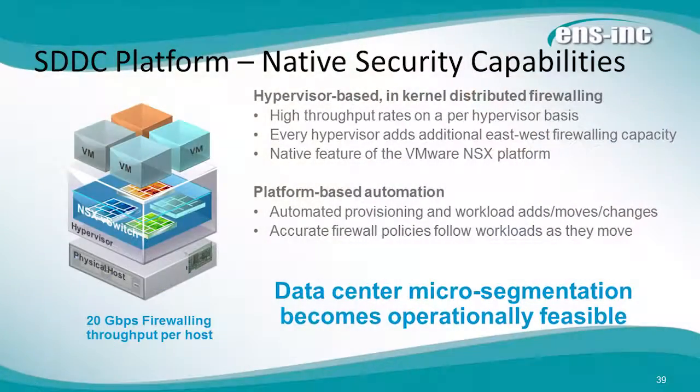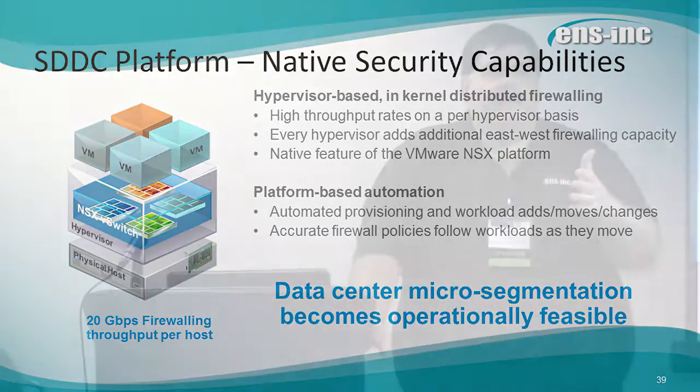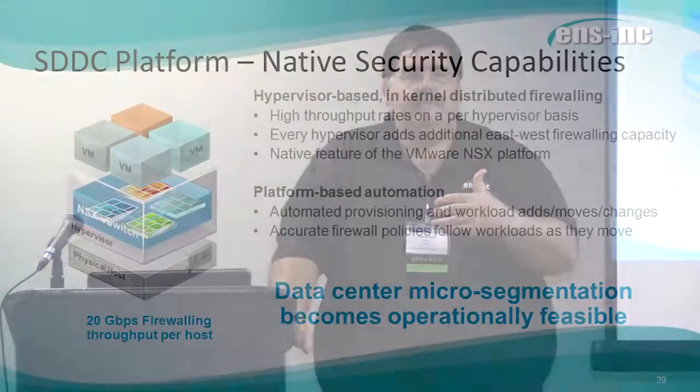So if I've got 100 ESX servers in my environment, I don't have to manage 100 different firewalls. I manage one firewall that's distributed across those 100 hosts. From the scalability and the ability to actually operate it, that's a key capability. The example we saw before, you end up managing all the individual firewalls probably as one-offs.